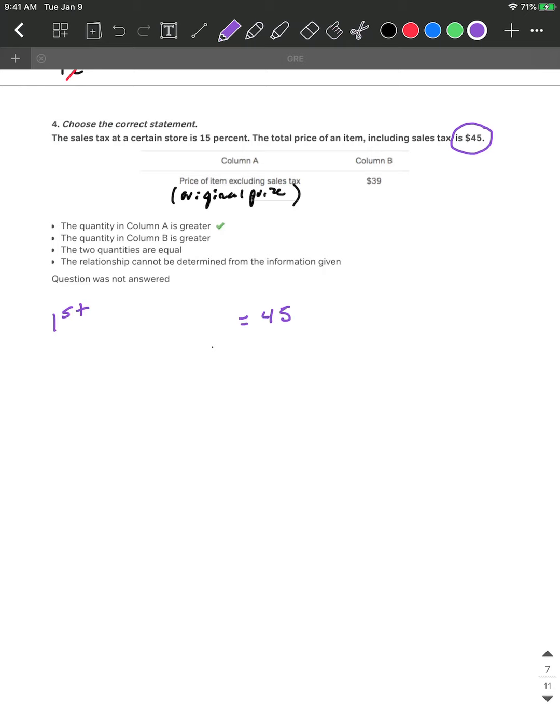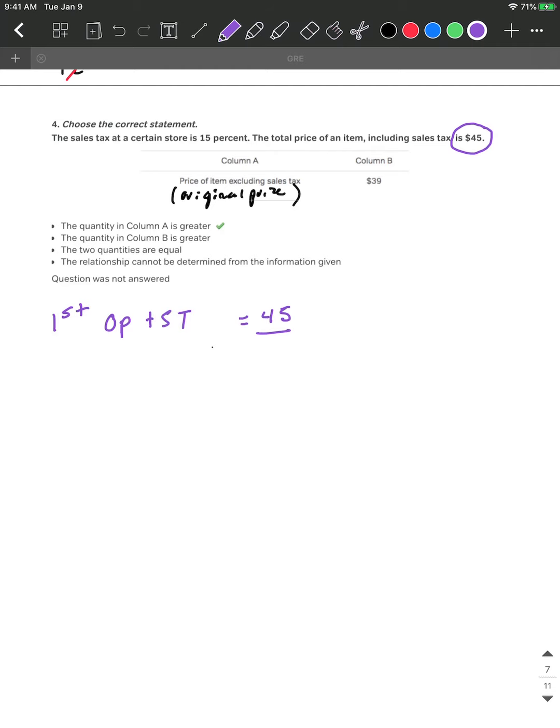They're telling us that the sales tax at a certain store is 15%. So when I purchase this item, whatever the original price is, I'll say OP for original price, if we add the original price plus the sales tax, which I'll put as ST, it has to equal $45.